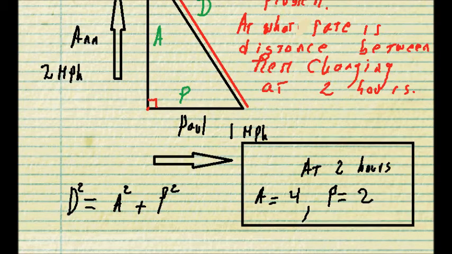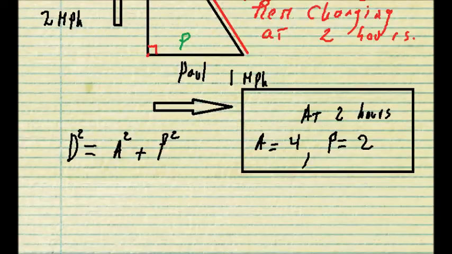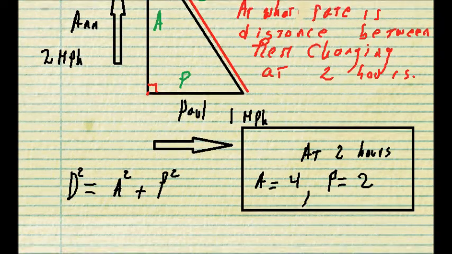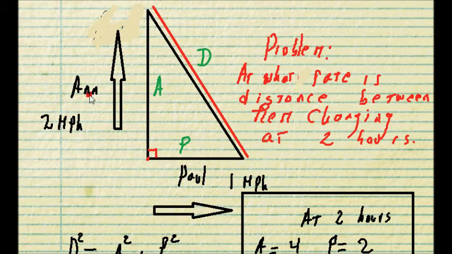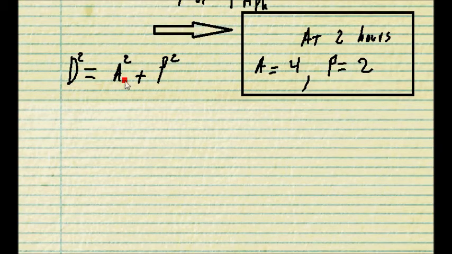Because D, A, and P are changing as a function of time, they are all functions of time. I am going to differentiate this expression, D squared equals A squared plus P squared, implicitly.